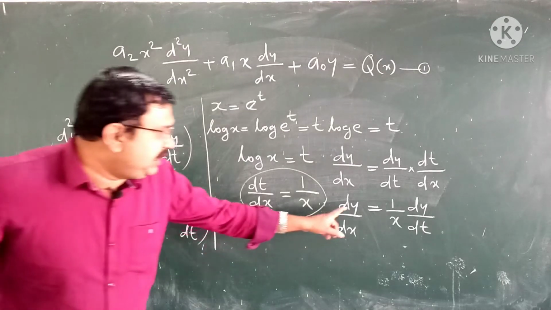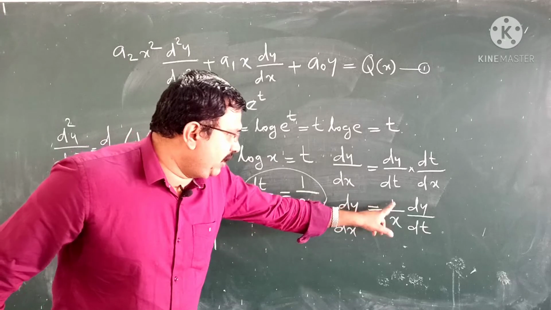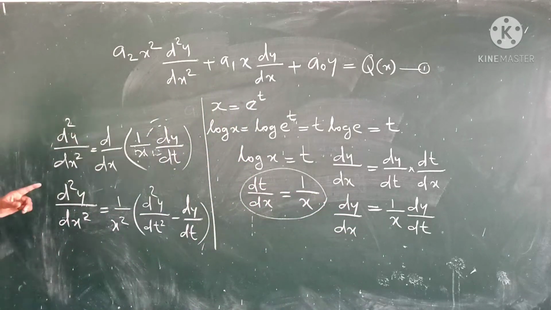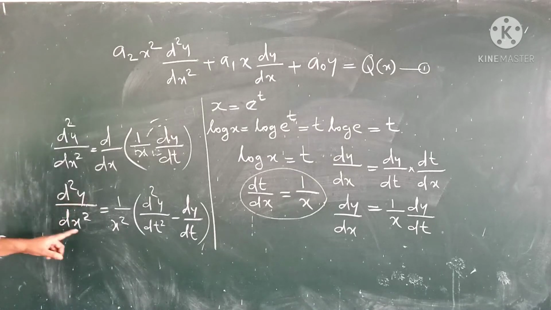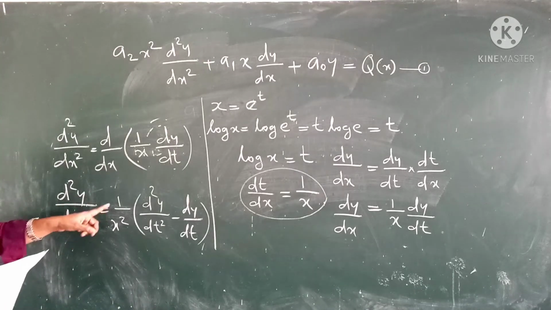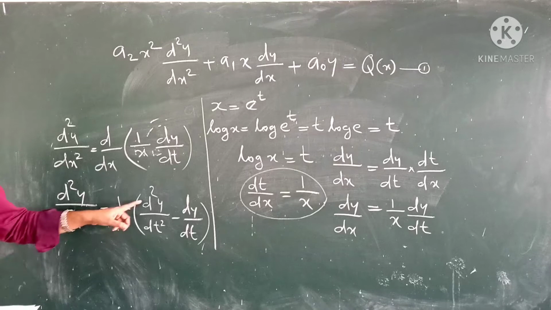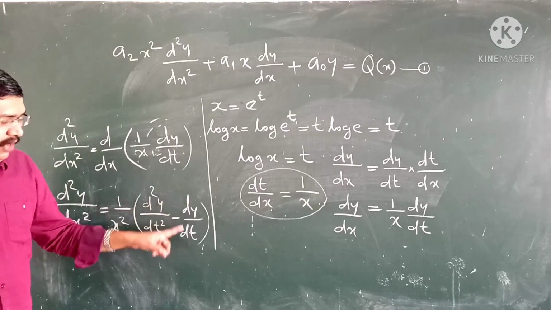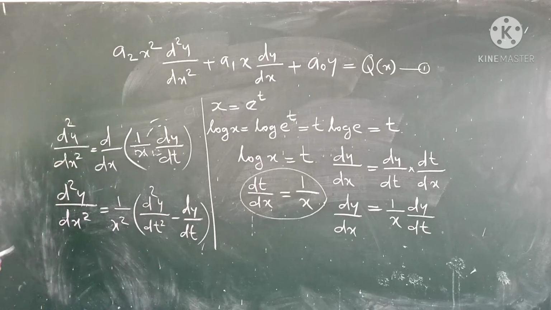Remember that dy/dx is 1/x into dy/dt, and d^2y/dx^2 is 1/x^2 into (d^2y/dt^2 minus dy/dt). Okay.